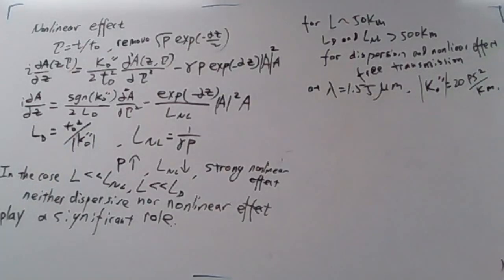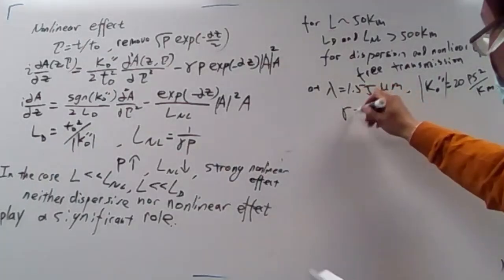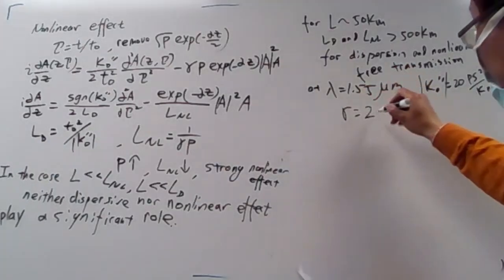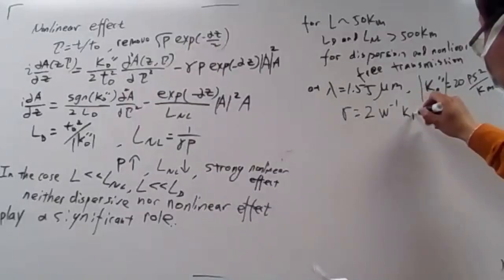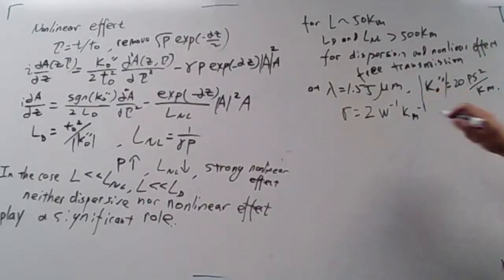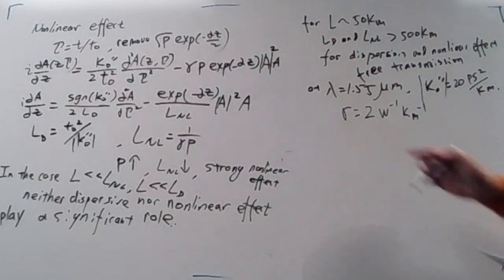So gamma is 2 inverse watt inverse kilometer, right? Remember, we have inverse watt and inverse meter, but in this case, it is kilometer. We just write down the kilometer to make this number simple.